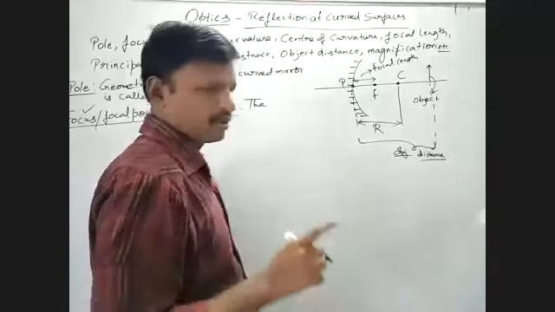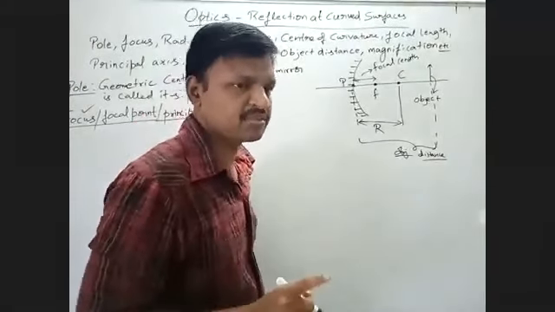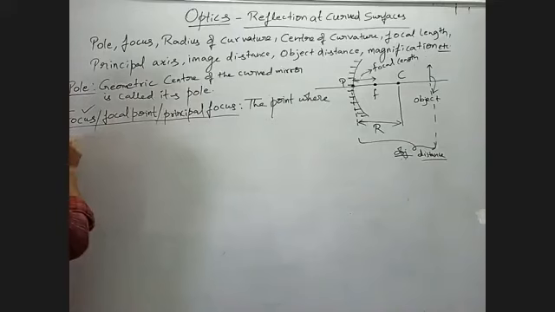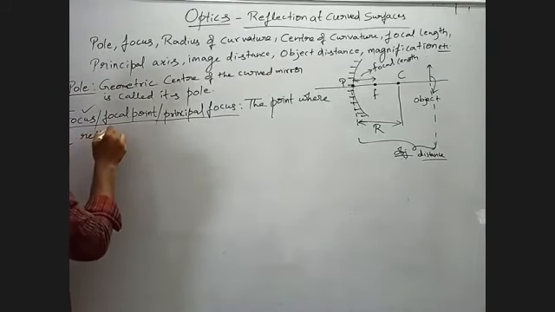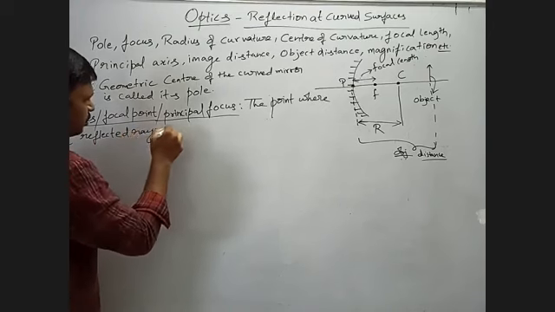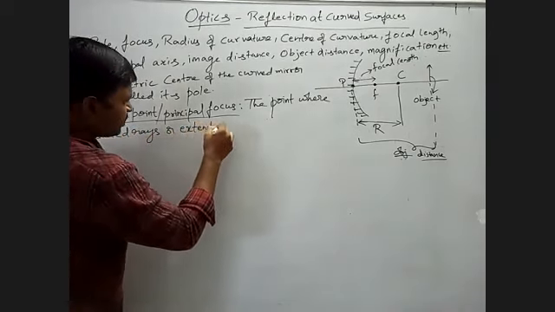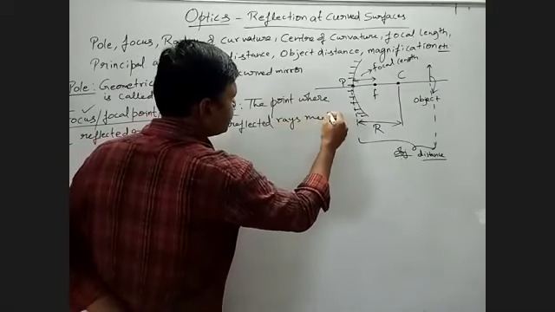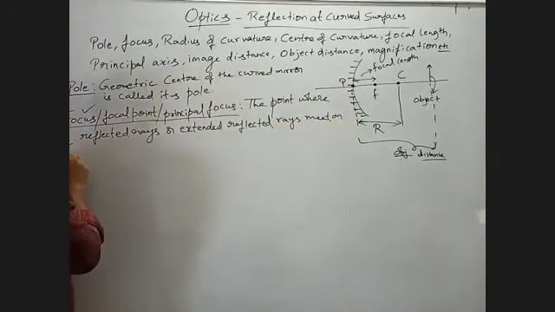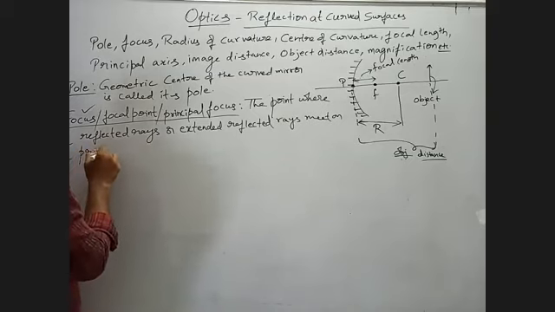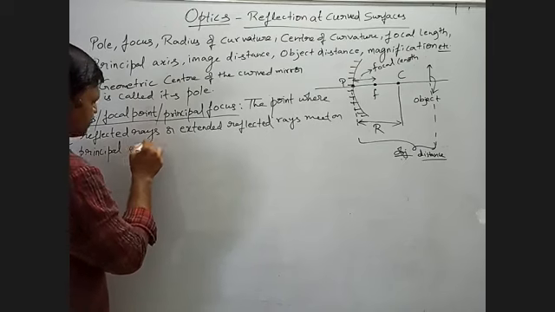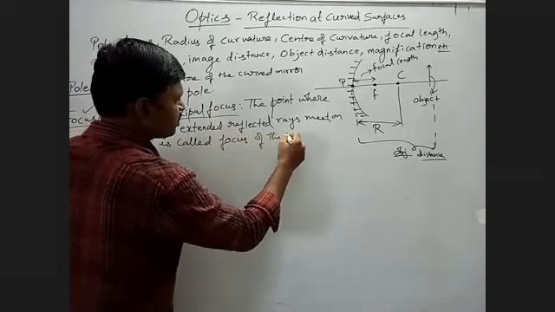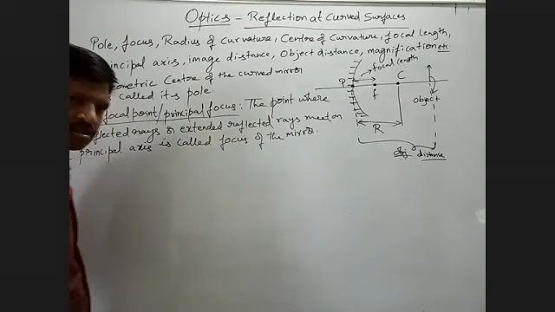The point where the reflected rays or the extended reflected rays meet on the principal axis is called the focus of the mirror. Understood, students? Are you getting this?